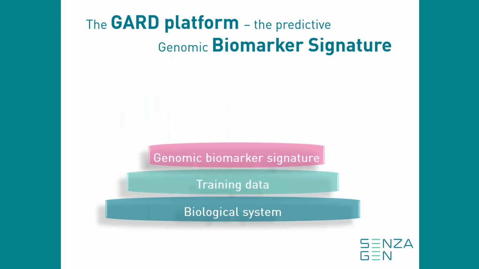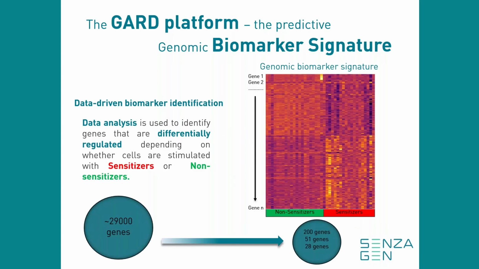And that will, of course, lead us to the next module in our assay development step here, which is the identification of the genomic biomarker signature based on how the compounds in the training data set actually interact with our biological system. In order to identify our predictive biomarker signature, we use a data-driven approach where we start with all the 29,000 genes for each chemical, and we identify those genes that are differentially regulated between the group of non-sensitizers and sensitizers.